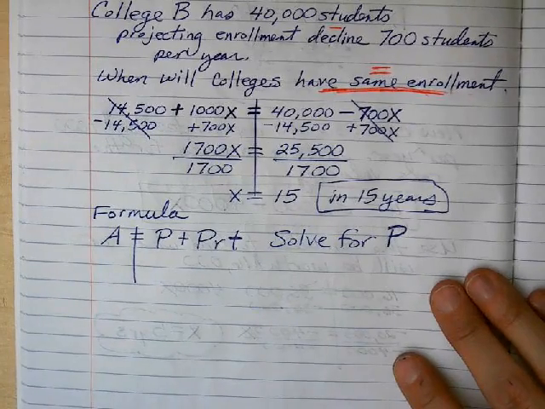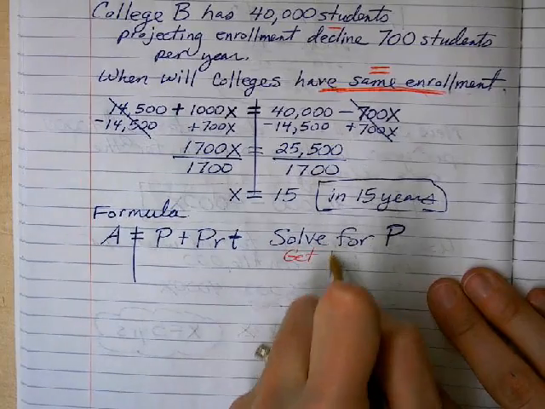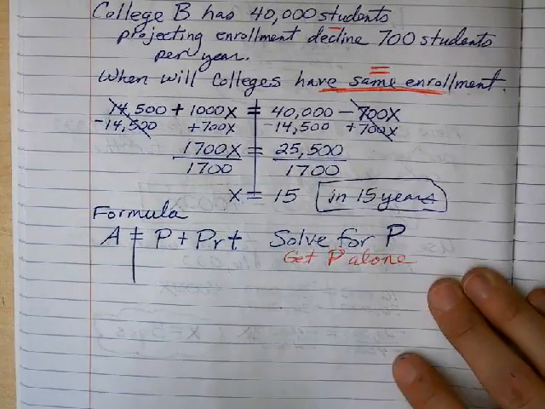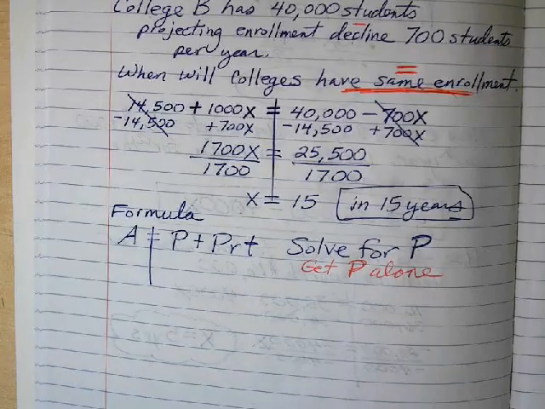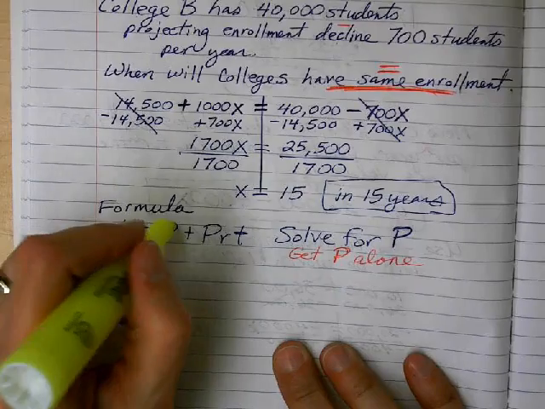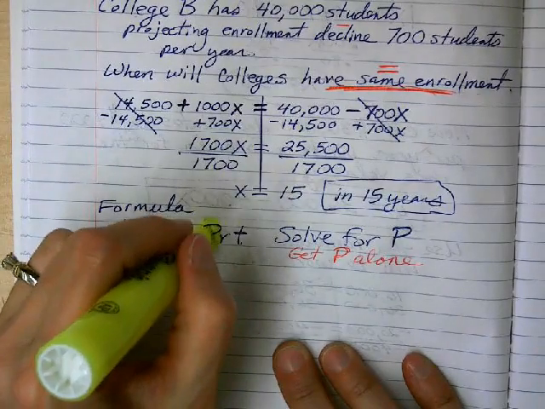That means you have to get that letter P alone. That's what you got to think about. When it says solve for that letter, you have to try to get that letter alone. Well, there's a letter P right there. There's another letter P right here. There's two letter P's.